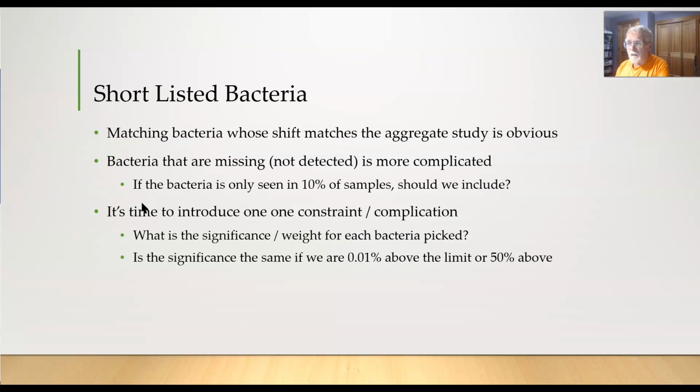Short list of bacteria. Matching bacteria whose shifts match the aggregate study is obvious, of course, but here we do have a few challenges. If you're talking about published PubMed studies, usually the criteria is very simple.